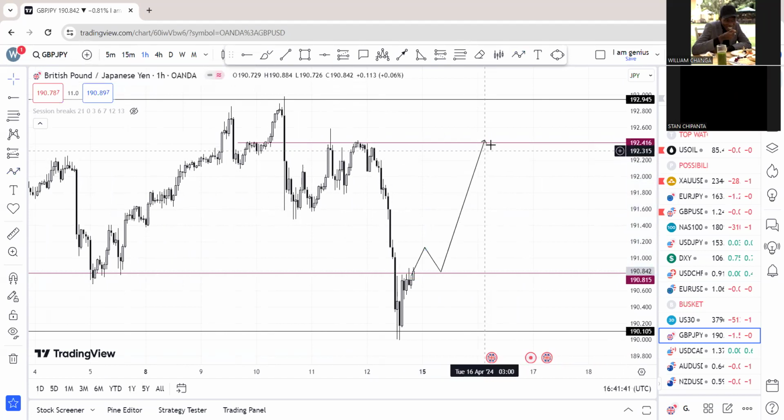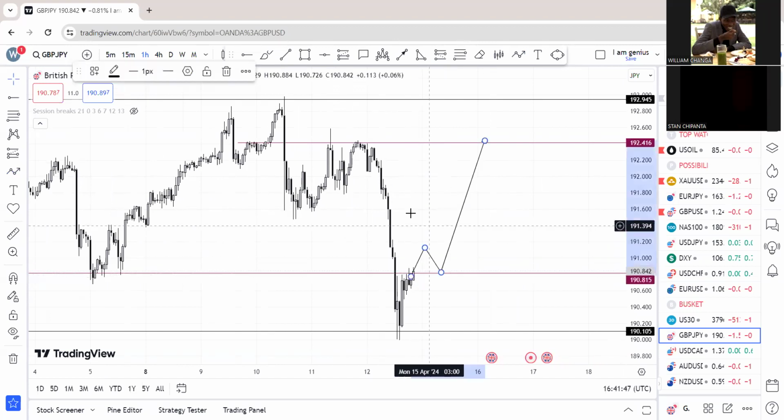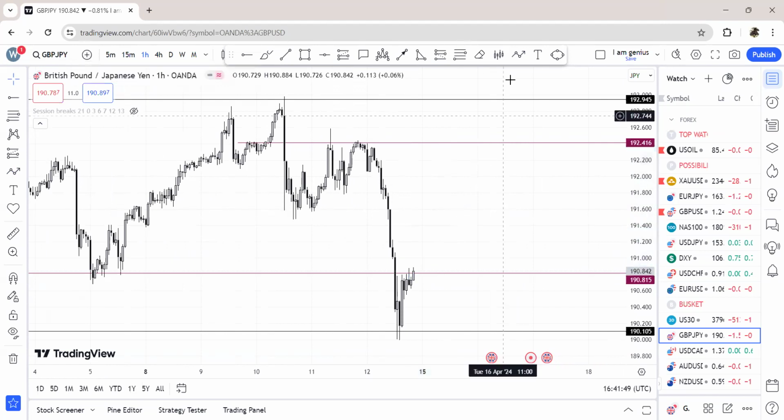But if it fails to break this, it's probably going to drop all the way to this level.